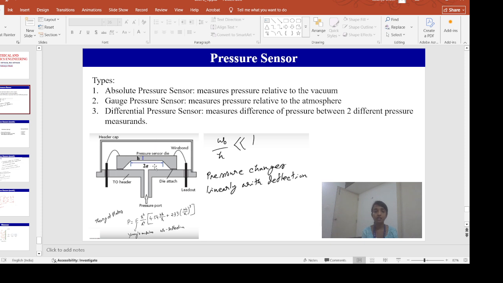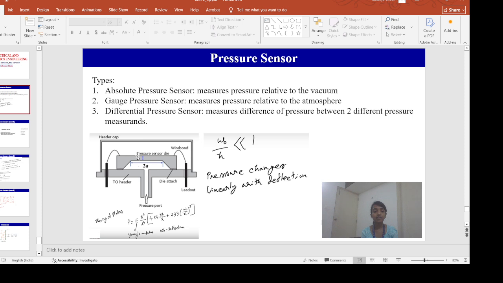Now obviously there is a pressure difference between the top and the bottom surface of the membrane. As a result, there will be some deflection in the membrane. For example, if your membrane is in this way initially, when it is under pressure it will become a bulge, like it will experience a ballooning effect.